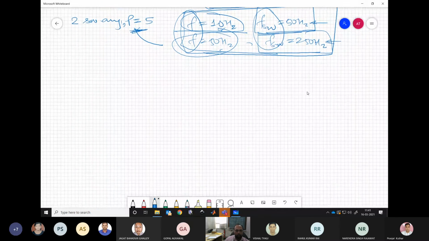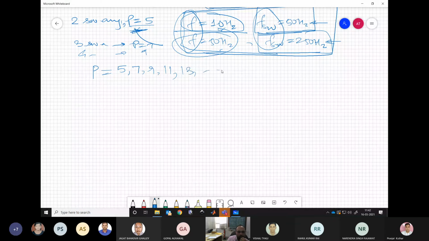Now, all these numbers, when we say this pulse number, something like 5, so what it can be, let us say if we have 2 switching angles, it is 5, for 3 switching angles, it would be 7, for 4 switching angles, it would be 9. So which means the number is always odd. So this is another indication that we are trying to maintain our half-wave symmetry.